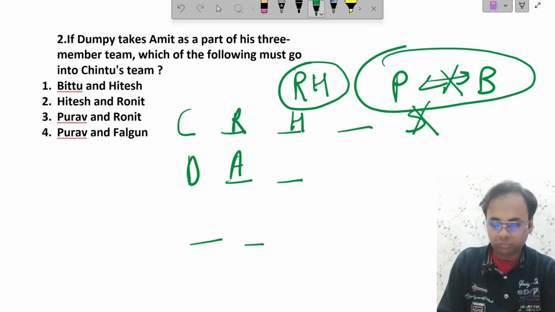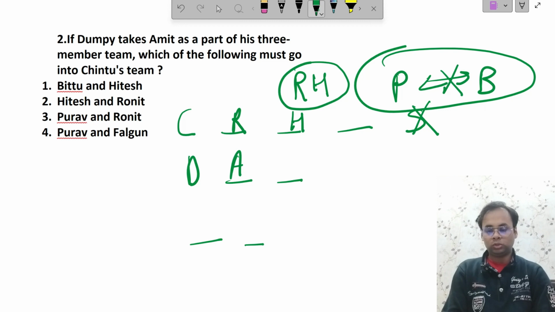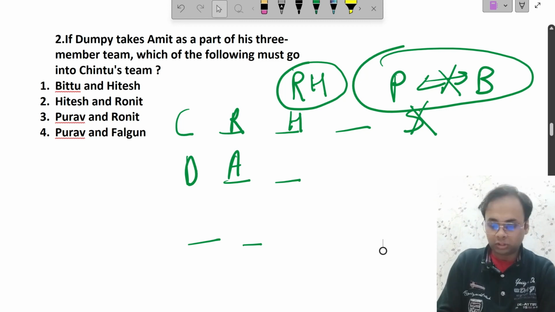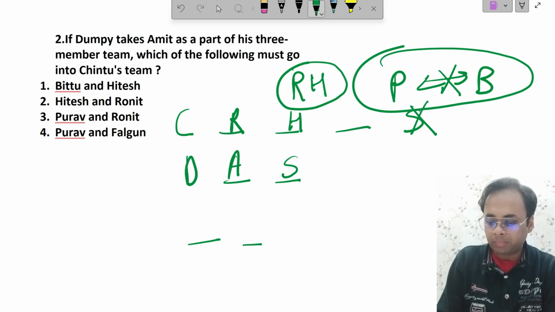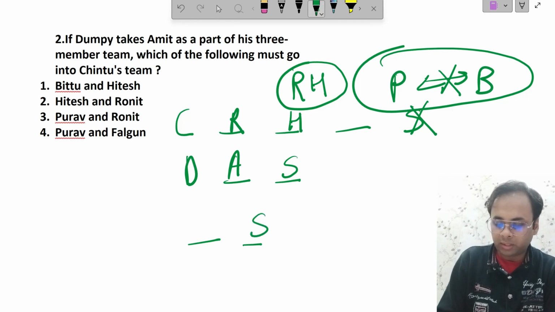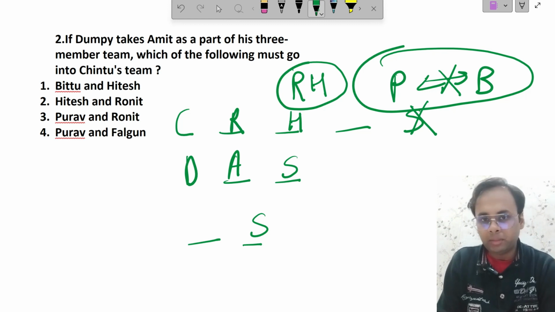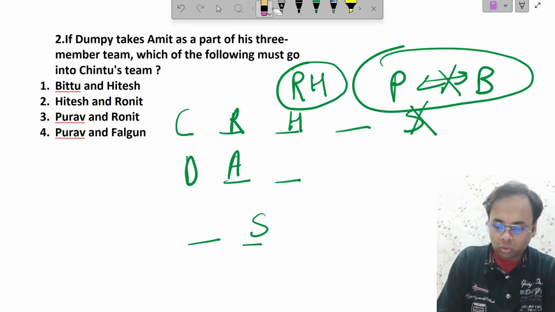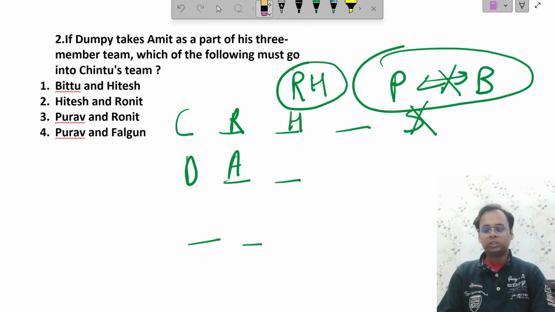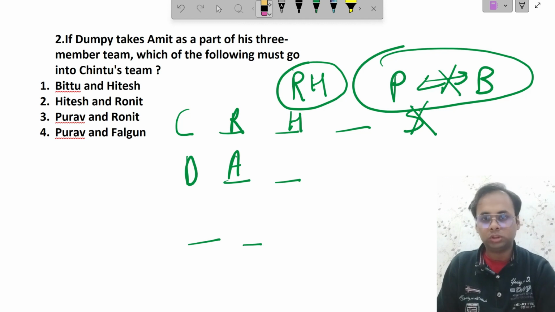First of all, we have to see for S. Where should S go? Because if I try to place S over here, even then we have certain combinations left because S can be placed either here or here, in the second or third team, and accordingly there will be different cases for P and B. Okay, let us not go there and let us see the options to this question.